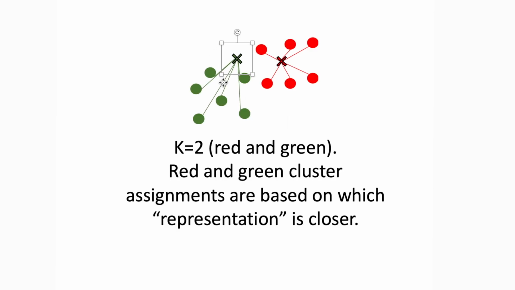What we do is we rely on k number of representations in the data space. It is easy to move the representations in the data space. Based on the distance between each point and k centroids, we assign cluster IDs to the points.